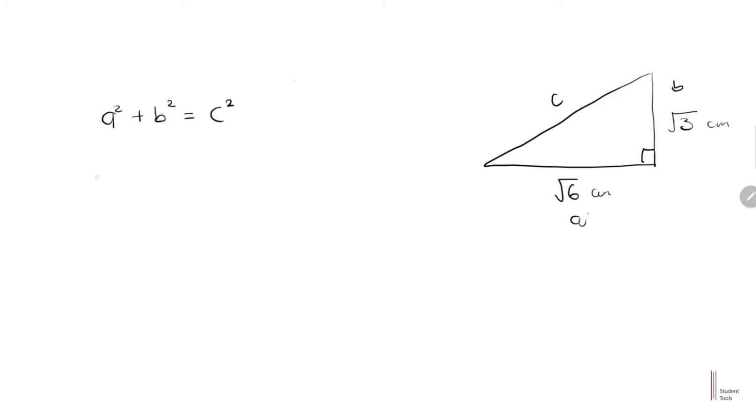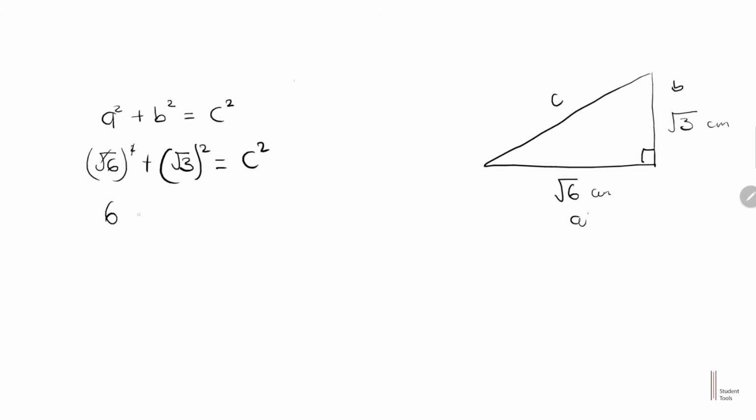So a squared, we have the square root of 6 squared plus b squared, we have the square root of 3 squared is equal to c squared. So now we have this, and then the square here is going to cancel the root, such that here we will have the 6.